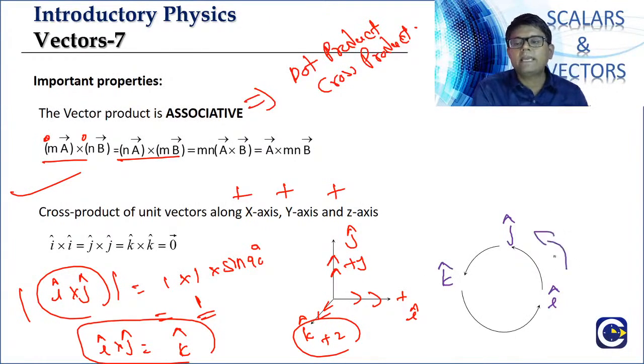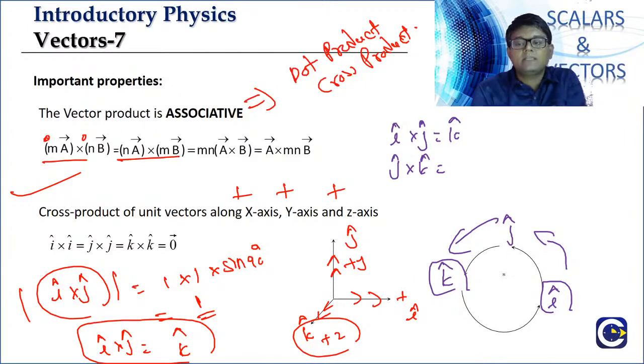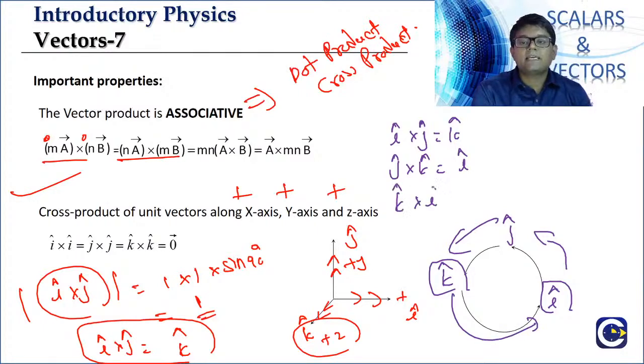If you do i cross j, what is going to come next? k. Done. Then j cross k means what? If you move from j to k, what is going to come next? i. Okay. If you move from k to i, that is our k cross i. If you move from k to i, what is going to come next?